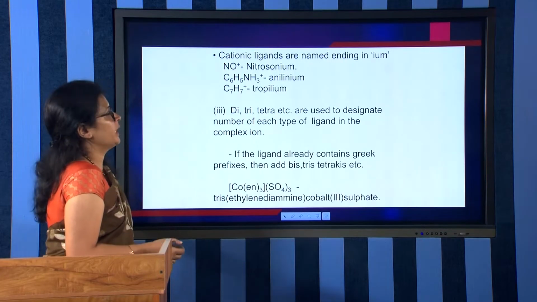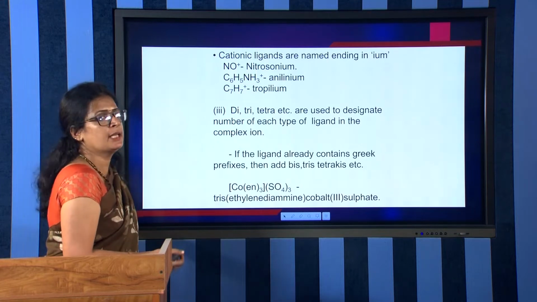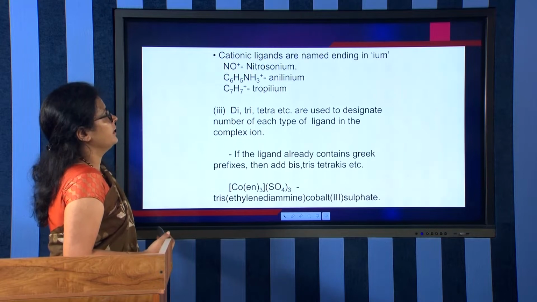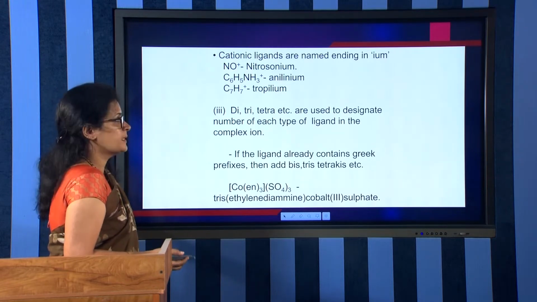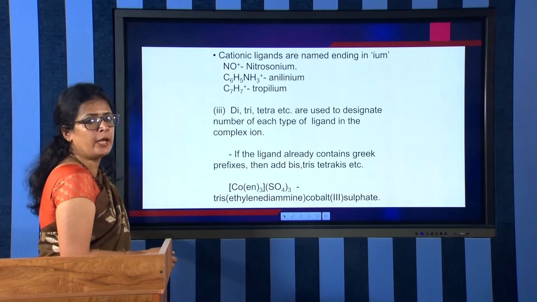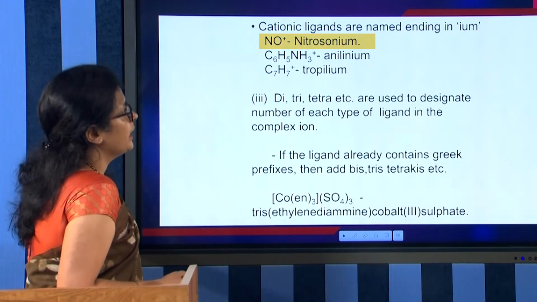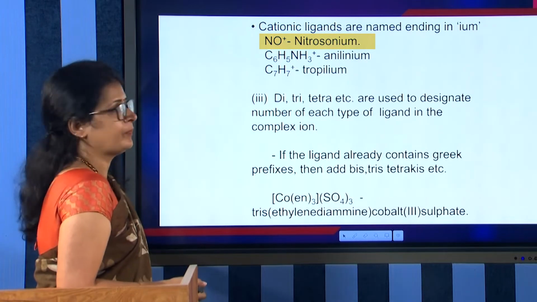And now coming to the cationic ligands. Cationic ligands means they are carrying a positive charge, and while naming the cationic ligands, the name should end in IUM. For example, NO plus is a cationic ligand, and it is named nitrosonium.